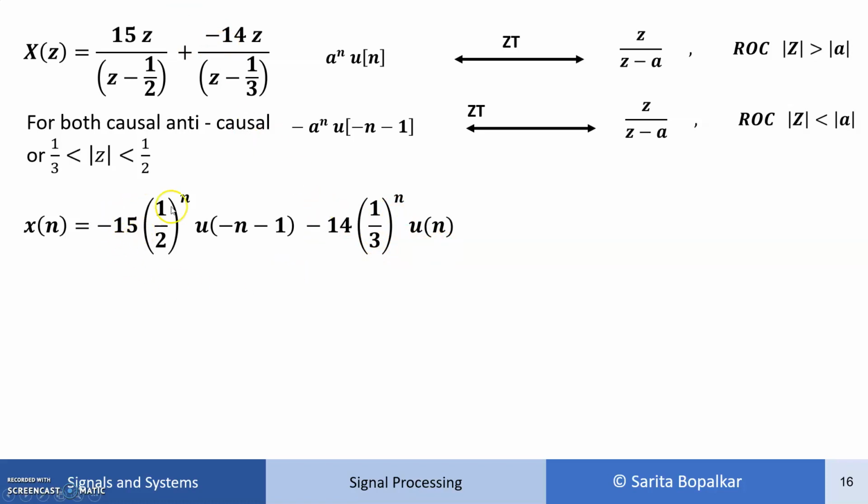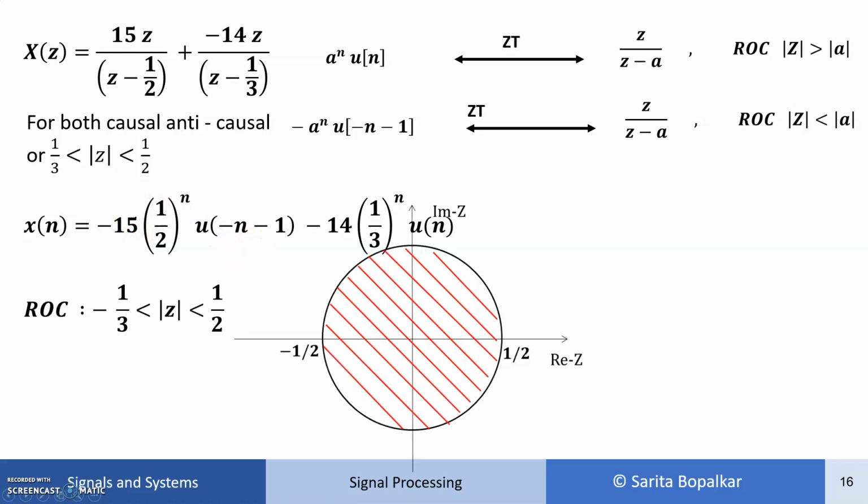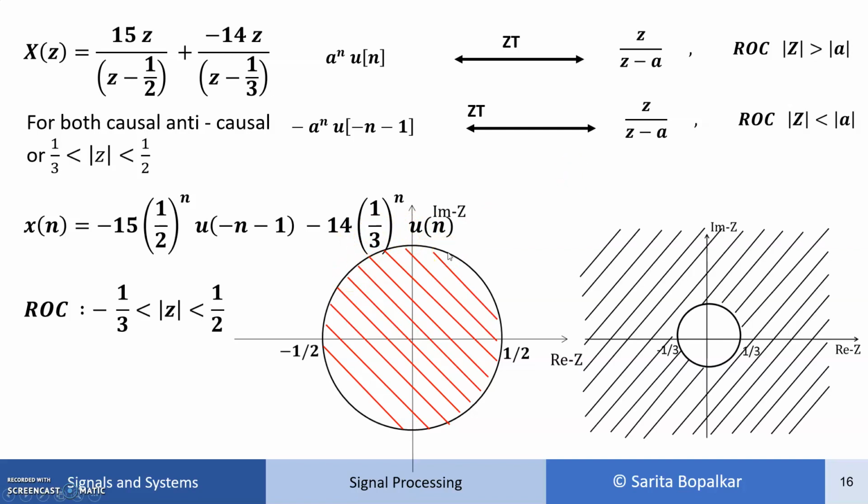Let's check the ROC. For the first case, ROC is mod z less than 1 by 2, the interior of the circle whose radius is 1 by 2. And here ROC is mod z greater than 1 by 3, that is the exterior portion of the circle whose radius is 1 by 3. But here our sequence is a combination of both, so ROC should be the intersection region of both the ROCs.